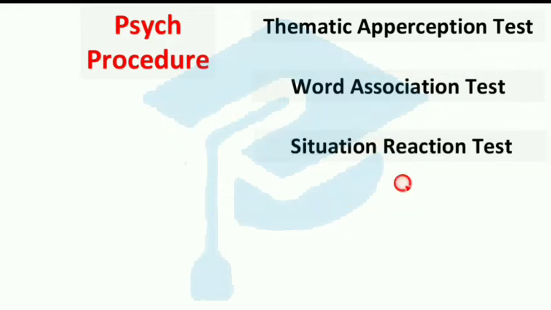Clear? The third test that comes up here is the situation reaction test. Now, unlike TAT and word association test, wherein the picture or the word was flashed on the screen, in this SRT, these situations will be given to you on a sheet of paper.